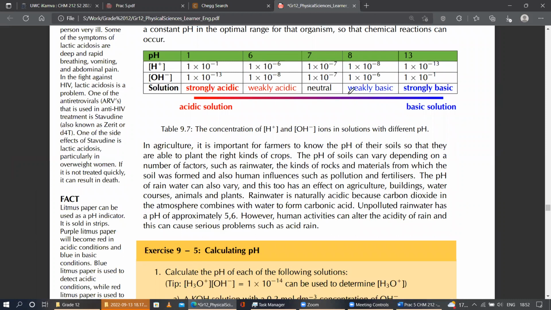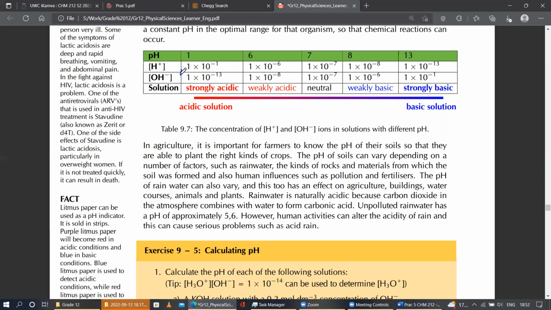So here we have our pH scale and our concentrations. We have our strong acids where the concentration of the proton is 1 times 10 to the exponent negative 1.